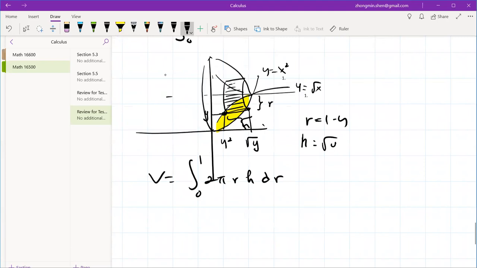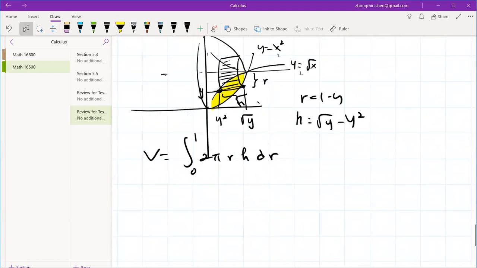So h is going to be square root of y minus y squared. If you don't want to use the y variable, then you have to express h in terms of r. So y is going to be 1 minus r.